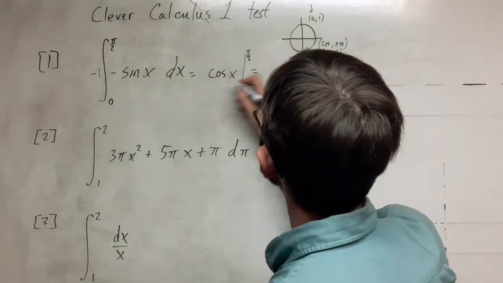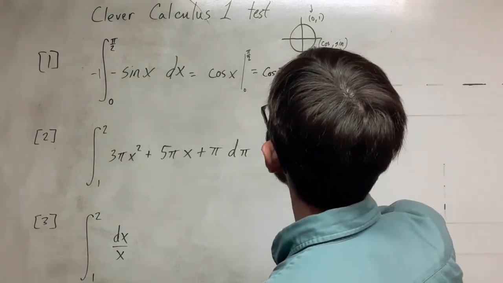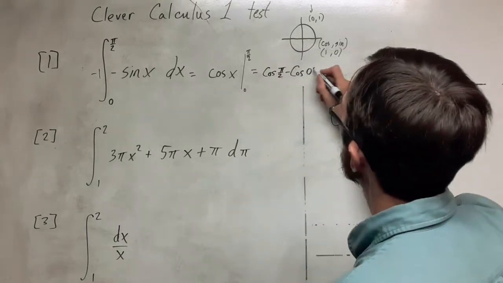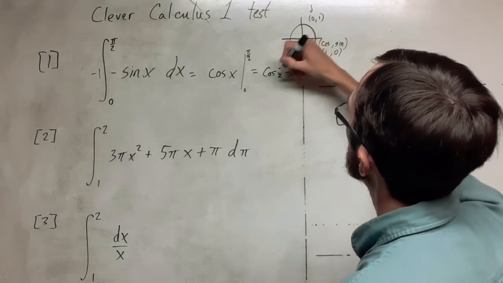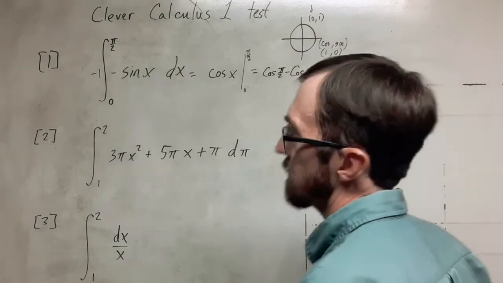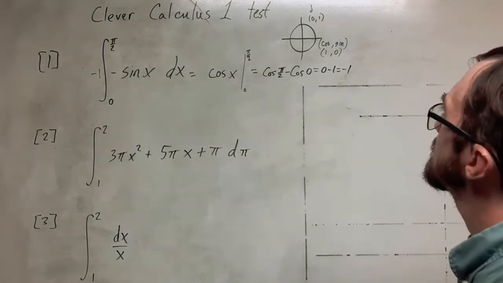Expanding this out, we have cosine of pi halves minus cosine of 0. That gives us 0 minus 1, giving us -1 as the value for this integration.